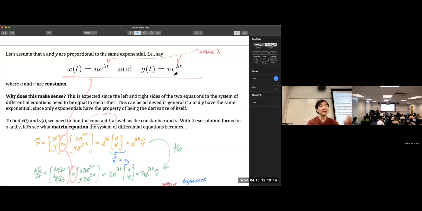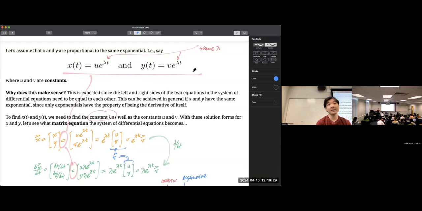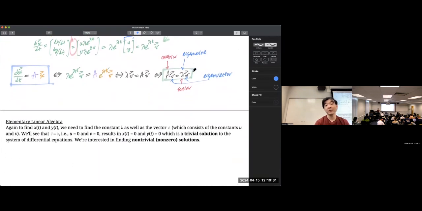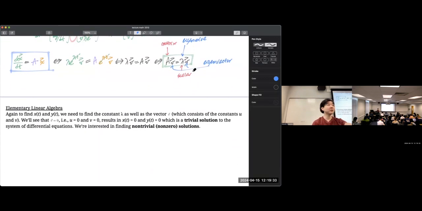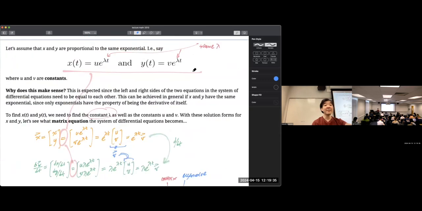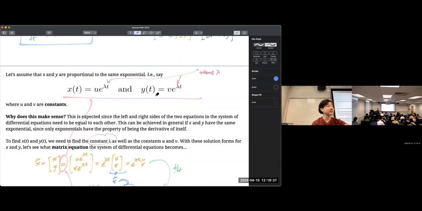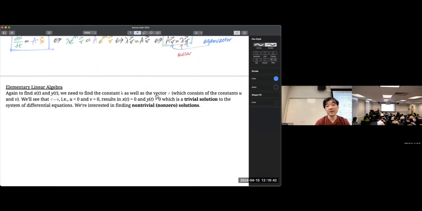So really finding the eigenvalue lambda and the eigenvector, which is the vector uv, is equivalent to solving for all three of these things. So once we find lambda and the eigenvector, then we would have found lambda, we would have found u, and we would have found v. And those go into these spots, and that's your xy solution to this differential equation, x of t and y of t solution.